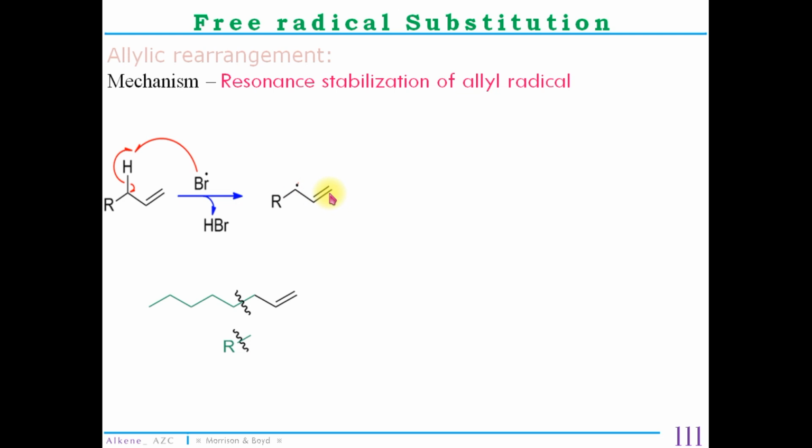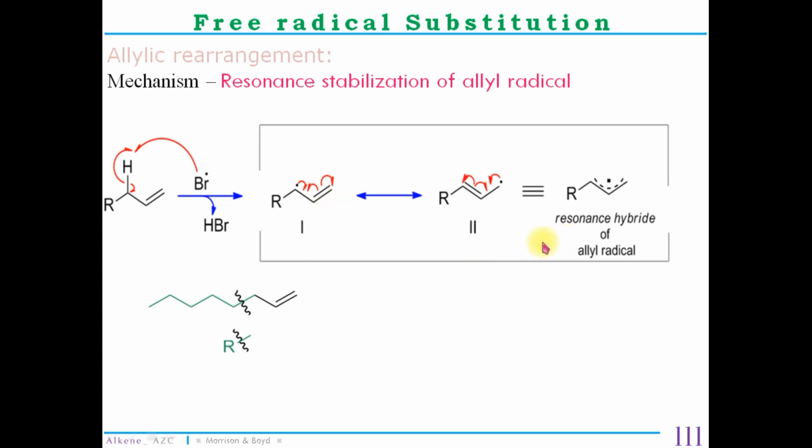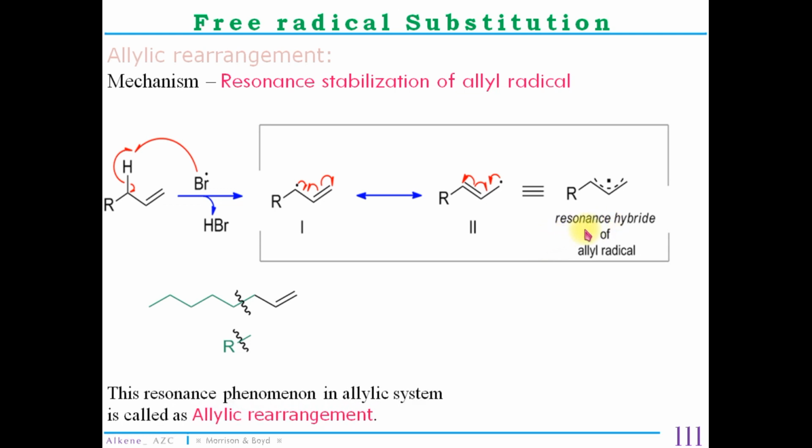Adjacent to this radical is a double bond, so shifting of this double bond gives one of the resonance contributing structures, and therefore here is the stabilization by resonance. Here is the resonance hybrid. The resonance phenomenon in an allylic system is called allylic rearrangement.